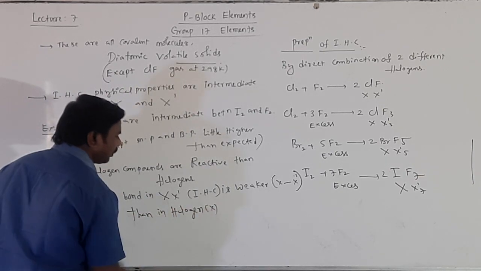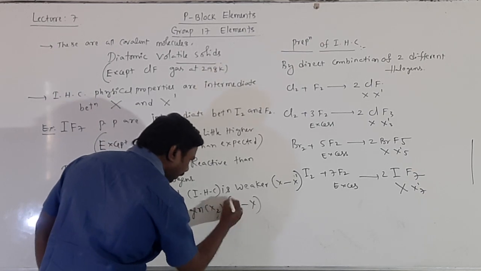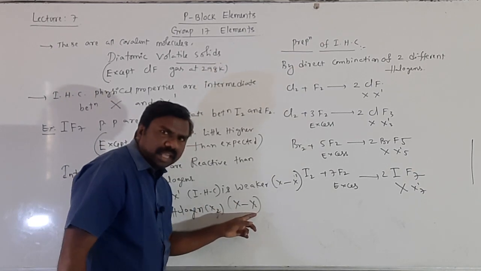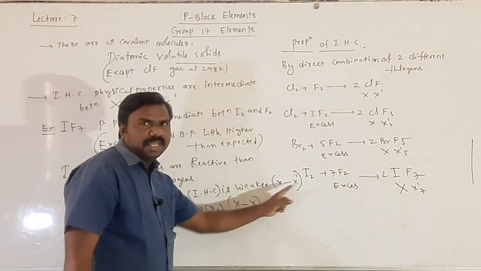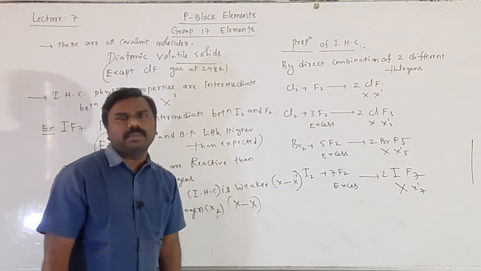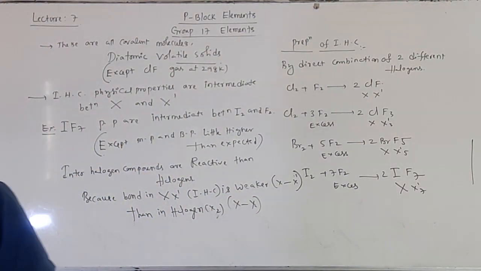Halogen formula is X2, the bond is XX only. Cl-Cl, I-I are halogens, but ICl, IBr, IF are interhalogen compounds. This bond is weaker than the XX bond, right?